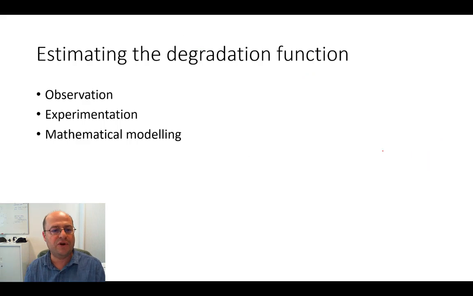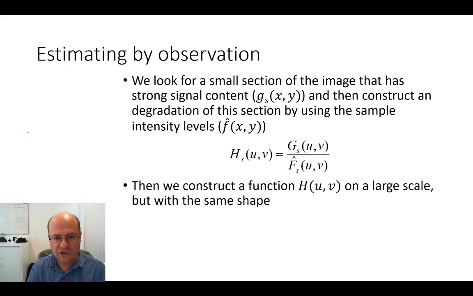Now, there are three ways to estimate the degradation function: by observation, by experimentation, or by mathematical modeling. Estimation by observation: the idea is to look for a small section of the image that has a strong signal content. The index Xs here is for a small section, and then construct a degradation of this section by using the sample intensities of the image at that point.